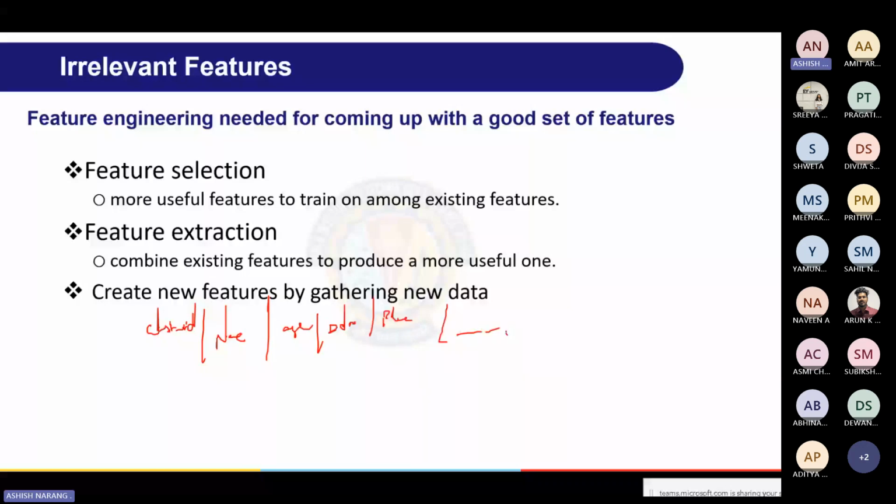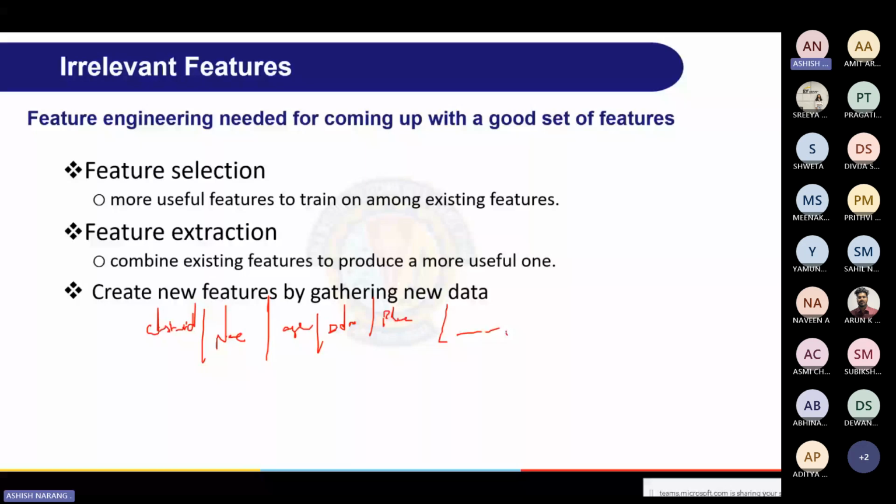Are all the features equally important when I'm going to do a certain kind of analysis? Or can I limit the set of features which I want for a certain analysis? That's the call we have to take when we do feature selection. I'm going to pick up only useful features. I'm not going to pick up all the features from the data. Now I have to see which are the useful features, so I'll do some feature selection.